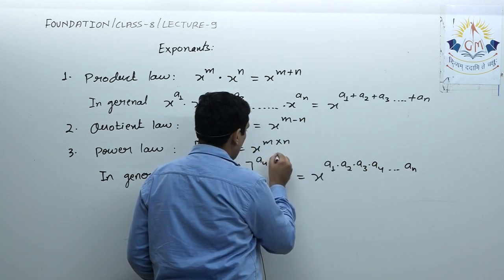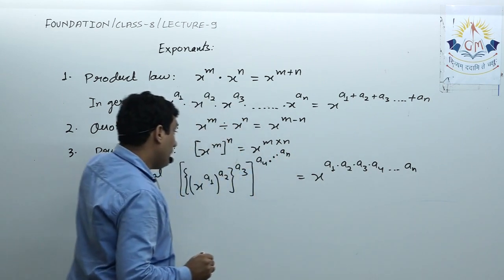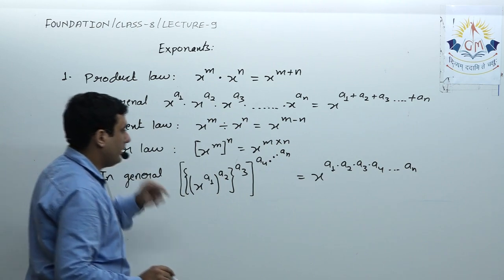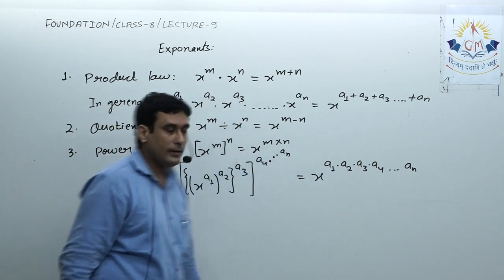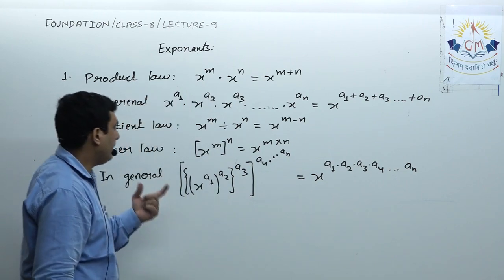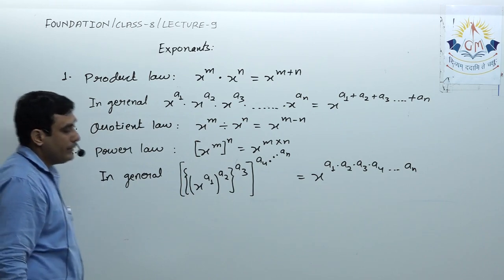That means power to power, then it will be x raised to the product of all the powers. Simply we have to multiply all the powers. So these are the basic three laws.